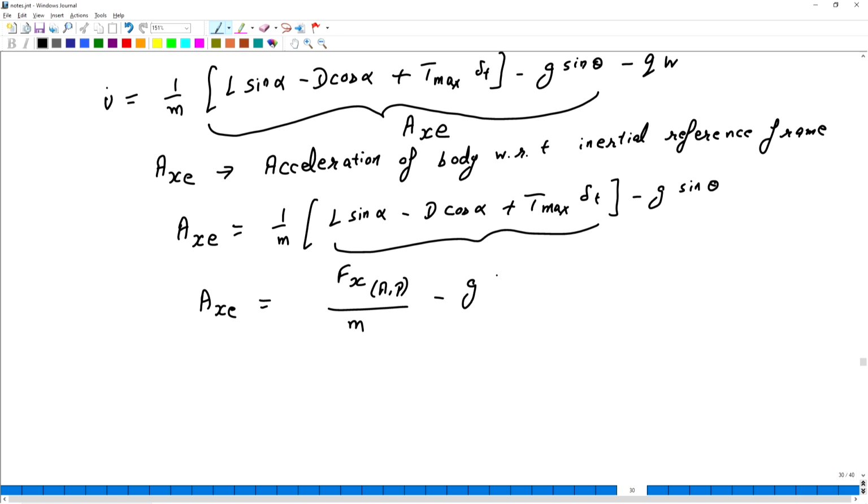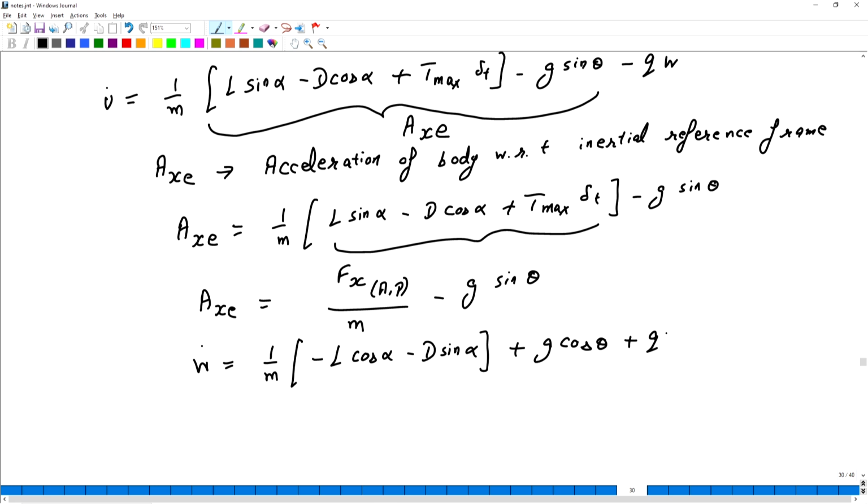Now similarly we can write w dot as 1 upon m times minus L cos alpha minus D sin alpha, plus g cos theta plus q into u.